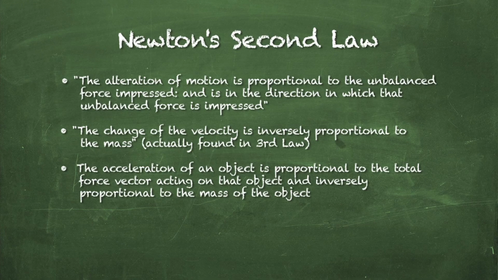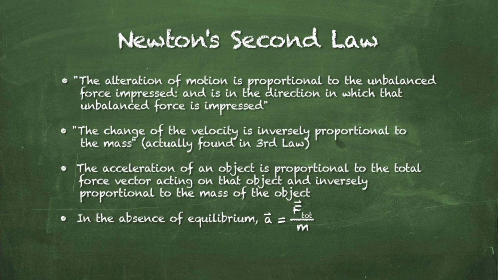Or, as we do, we'll put that in equation form. And finally, we would say that in the absence of equilibrium, when we do not have the conditions for a static or dynamic equilibrium, then we have another equation, and that equation is: acceleration vector is equal to total force vector divided by mass.